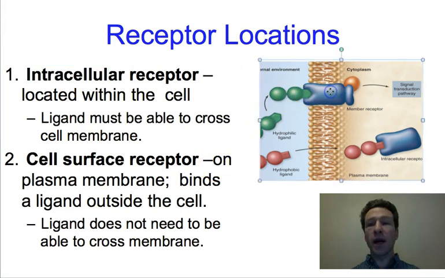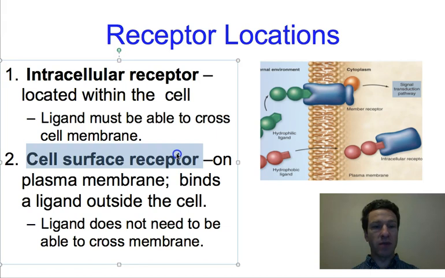Conversely, other kinds of receptors sit in the plasma membrane. Receptors sitting in the plasma membrane we can call cell surface receptors. And these can bind to ligands that never cross the plasma membrane. So here the ligand is outside, it attaches outside, and eventually it will be released back into the outside environment. These ligands then do not need to be able to cross the plasma membrane.